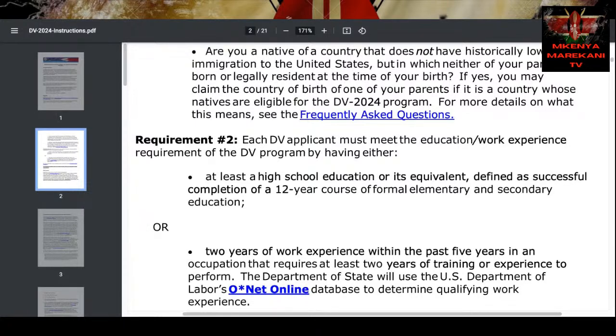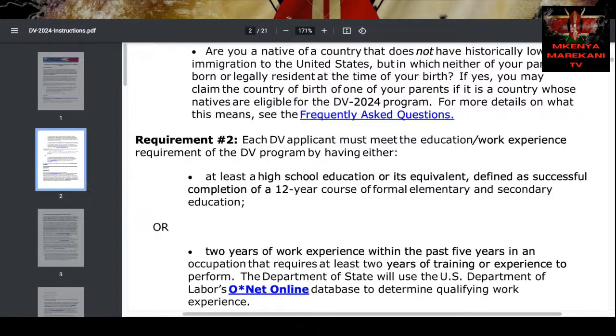Some people are asking me if it's a must that you have high school. No, it's not a must. If, for example, you are not lucky to finish high school, you must have 2 years of work experience within the last 5 years in an occupation that requires at least 2 years of training or experience to perform.